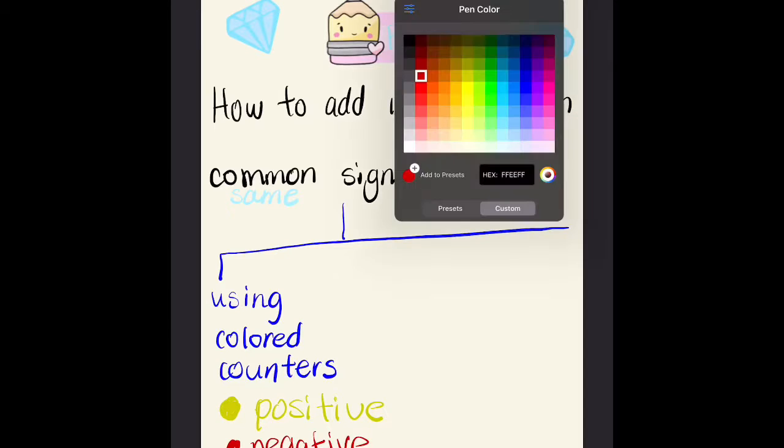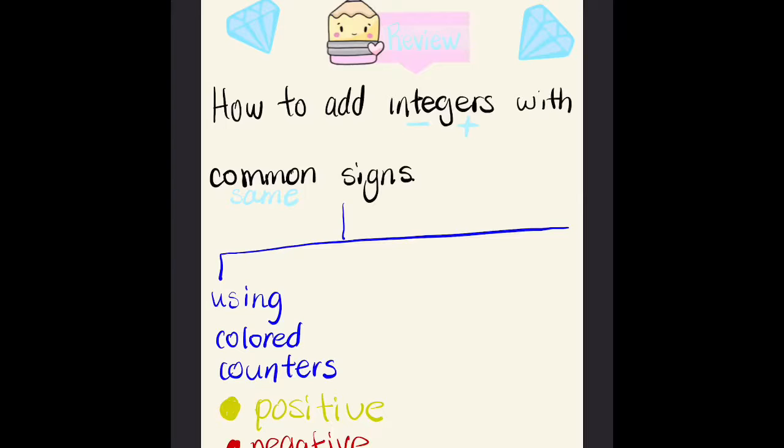We also learned how to add integers with common signs by using a number line. And a number line, remember, it goes forever in both directions, but we are just focusing on a little snapshot of it.